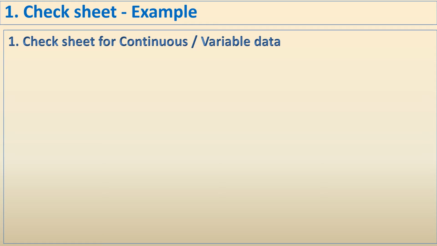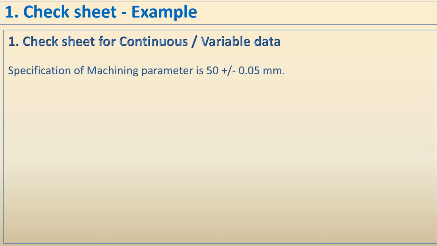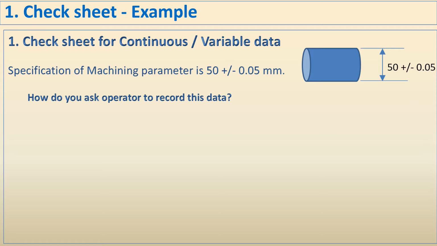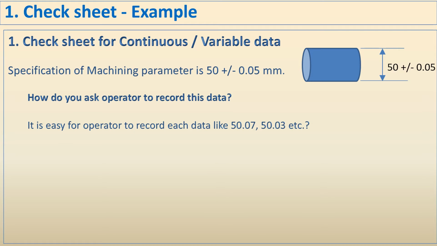Check sheet examples: we are going to study some examples and their types. The first type is a check sheet for continuous or variable data. Suppose the specification of the machining parameter is 50 mm plus minus 0.05 mm. This is a round bar whose diameter is 50 mm, with a tolerance of plus minus 0.05 mm. How do you ask the operator to record this data?